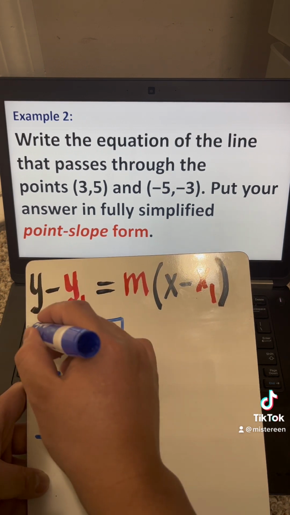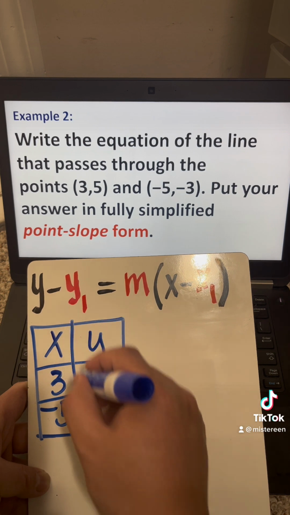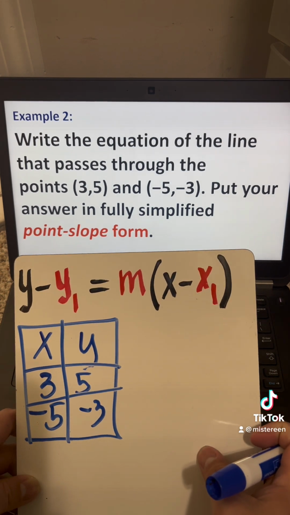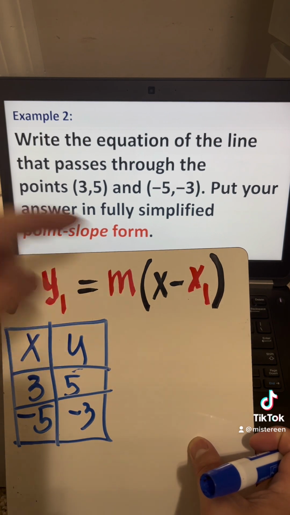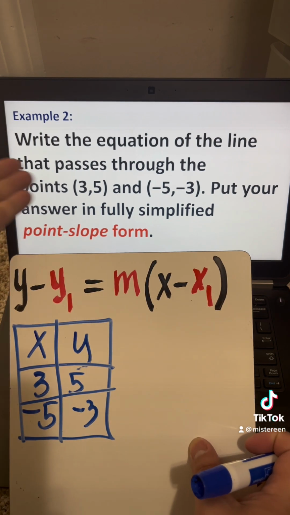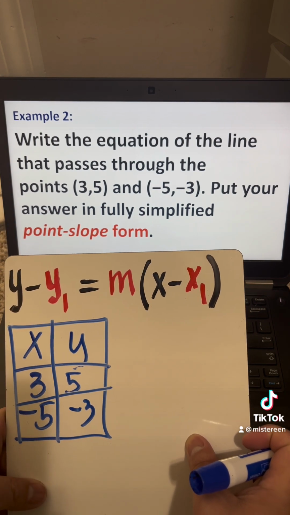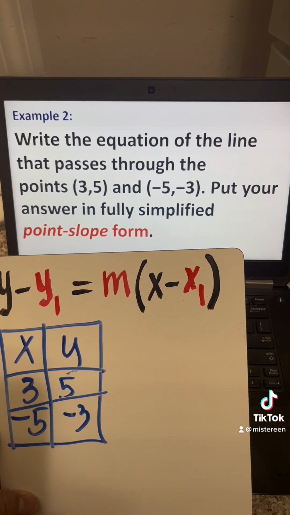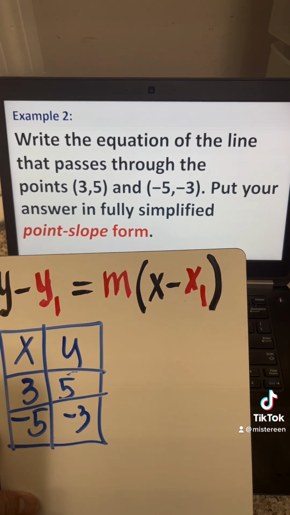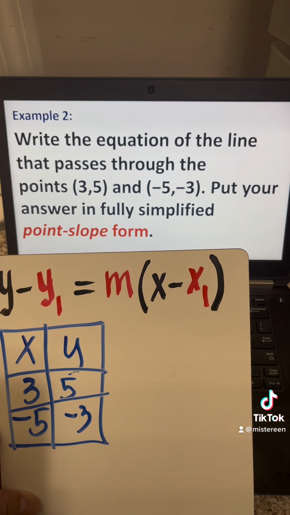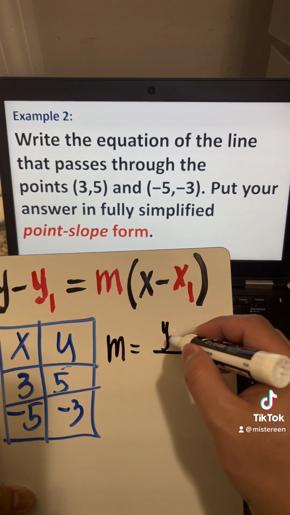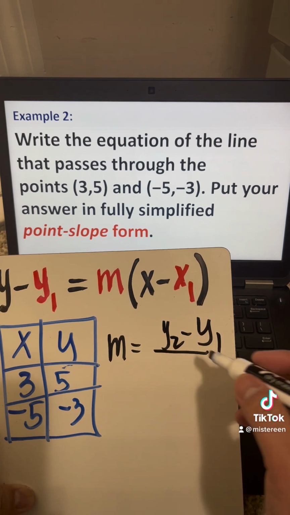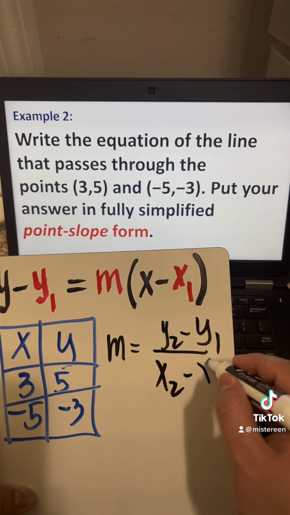Now, remember, for us to use this point-slope form, we need a slope m. And it's not given in the problem. But don't worry, we have the formula for finding the slope. The formula is m equals y2 minus y1 over x2 minus x1.